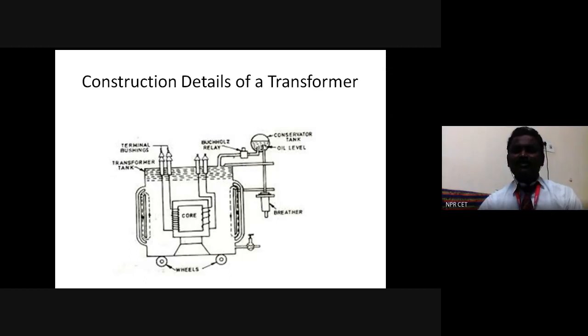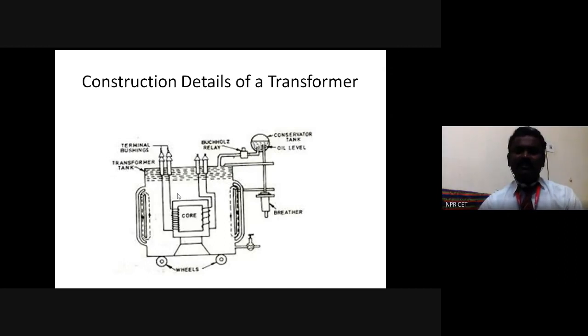Suppose there is no conservator tank here, what happens? The whole arrangement would burst due to the expanded oil. Okay, so for that purpose, we have to provide the conservator tank.